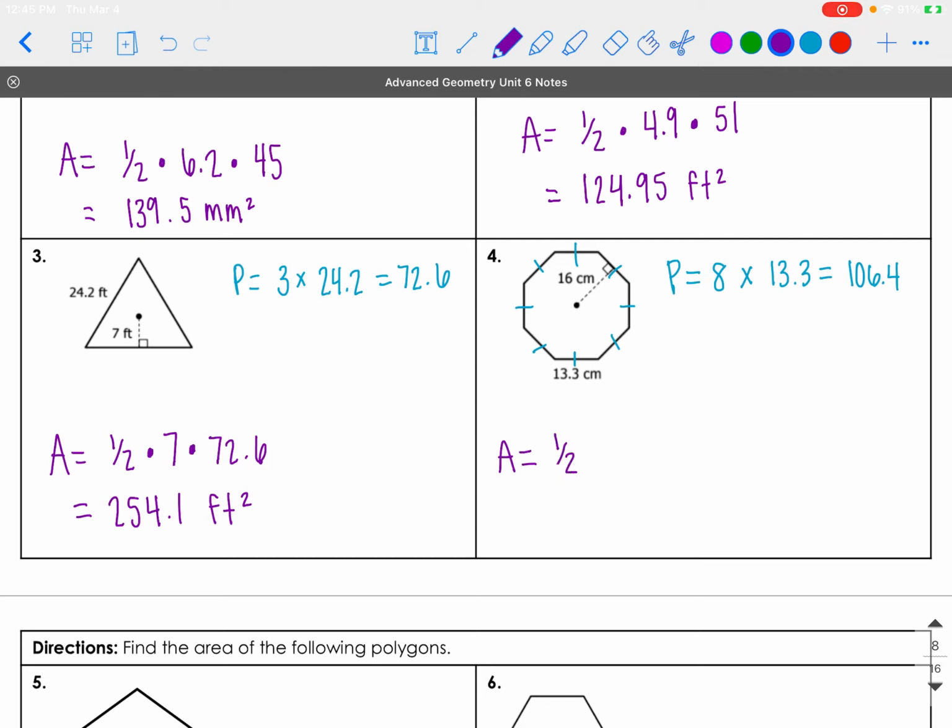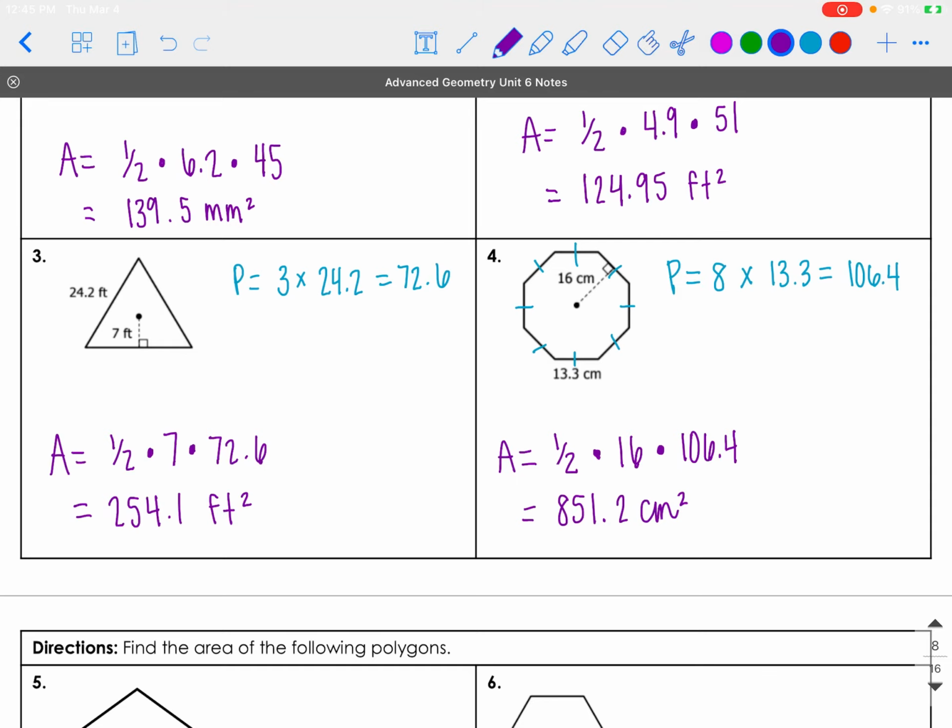Area is 1/2 times the apothem, 16, times the perimeter, 106.4. And that is 851.2 centimeters squared.